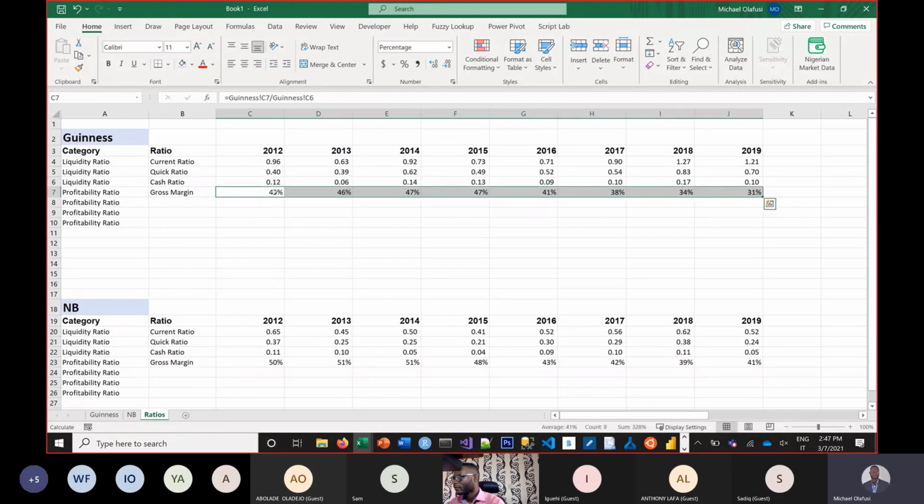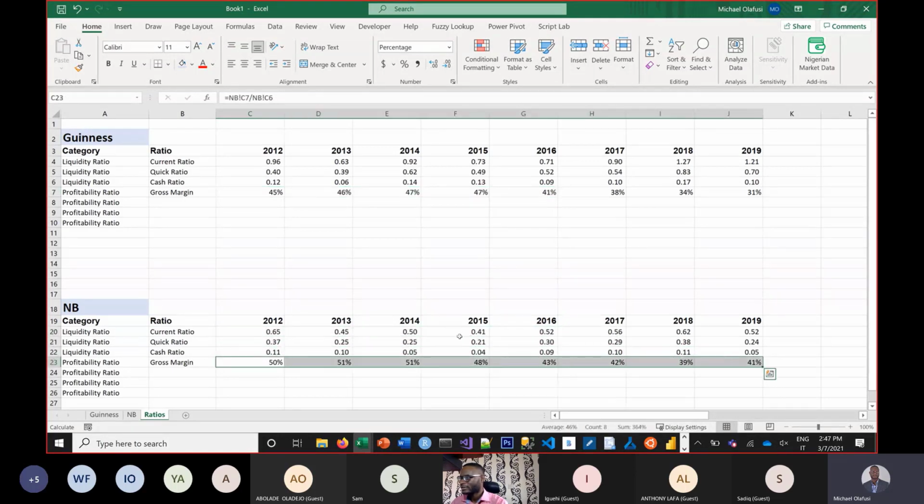When the dollar went up, the cost of sourcing raw materials for Guinness went way up, more than their competition. Why? For a long time, they have always been importing concentrates from Guinness in the UK, whereas Nigerian Breweries' attachment to Heineken hasn't been so big.